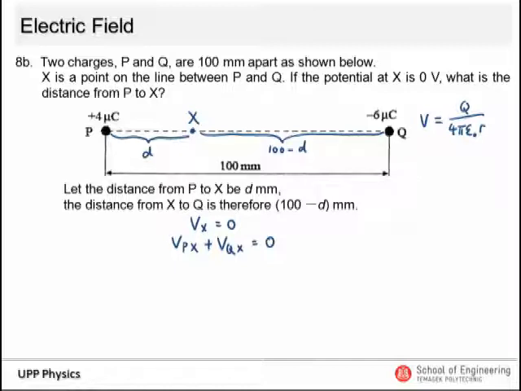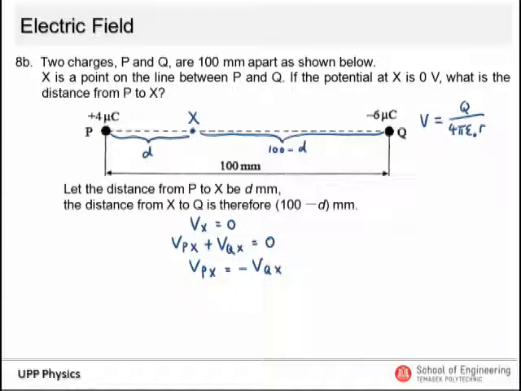Next, we will do some algebraic manipulation. So VPX is actually negative VQX. Now let's use the formula.